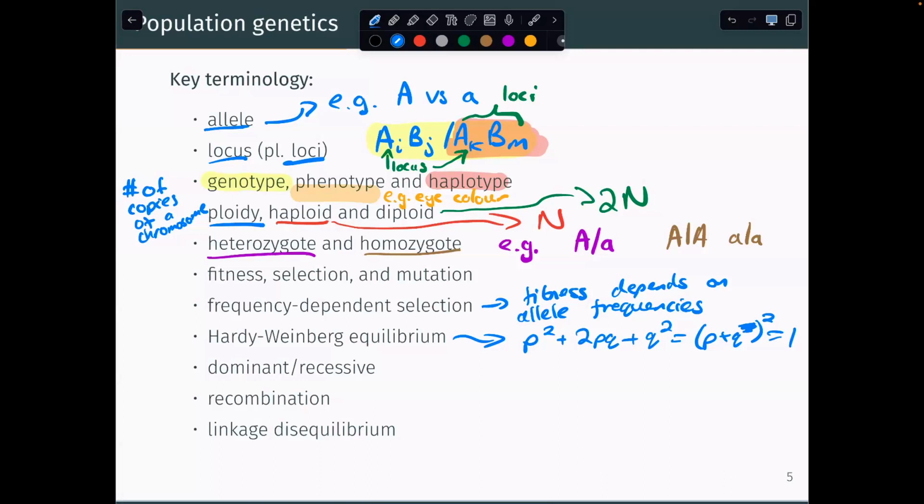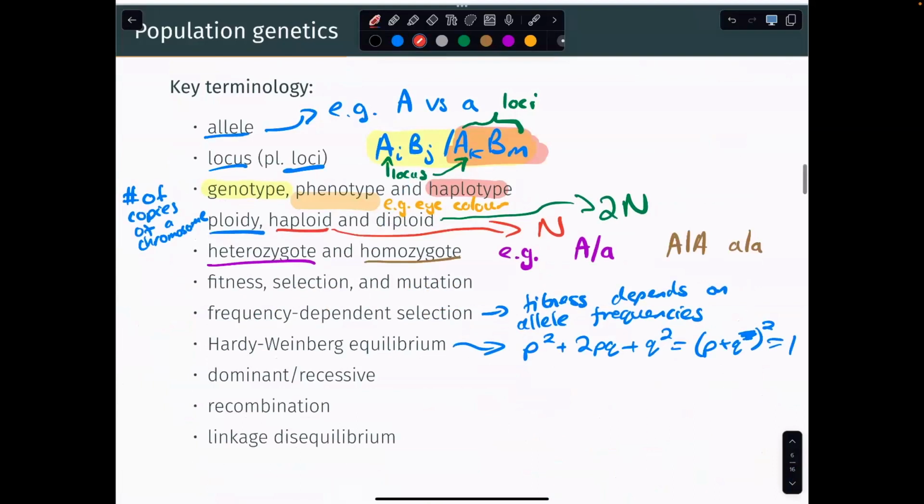We talked about dominance as well. So, for example, suppose our big A allele is dominant. If it's dominant, that basically means that the fitness W_A is equal to that of the heterozygote, big A little a, and this is different from that of the other allele, which is assumed to be recessive.